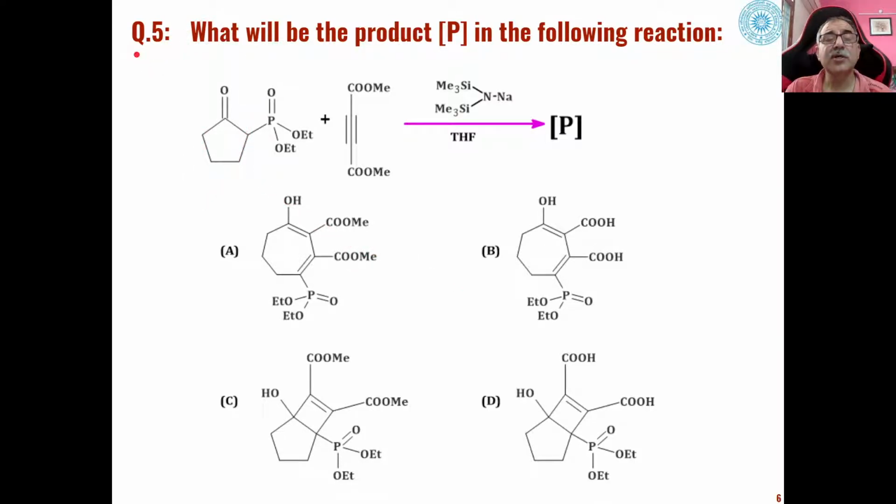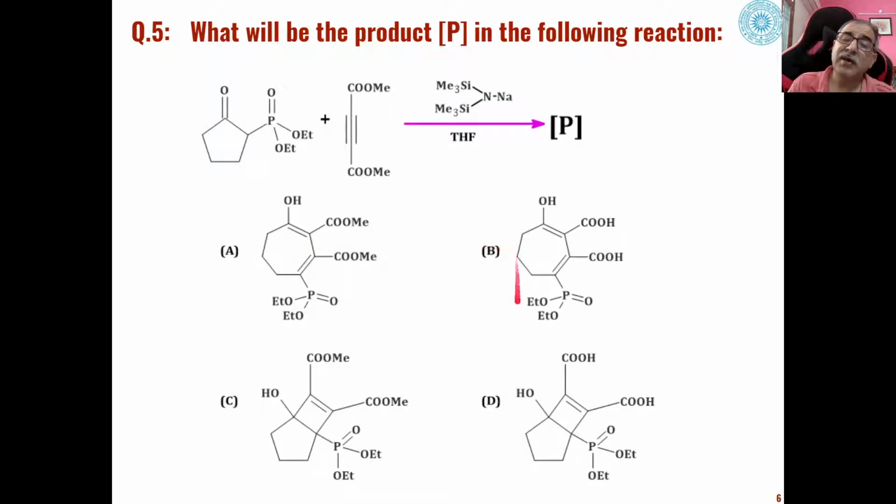Then the fifth question is, cyclopentanone derivatives having phosphate esters as substituents at the ortho position react with dimethyl acetylene dicarboxylate in presence of these types of trimethylsilyl amine bases, which is a strong base, in presence of tetrahydrofuran, THF, as the solvent.